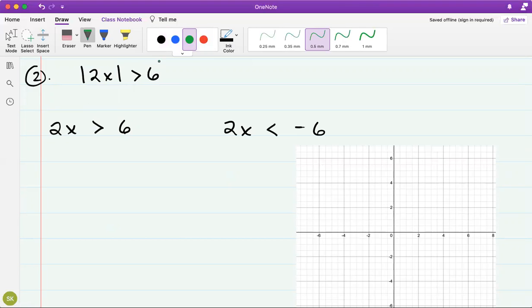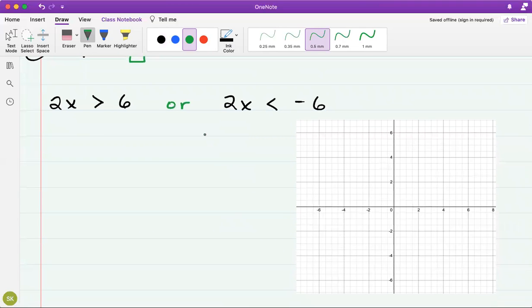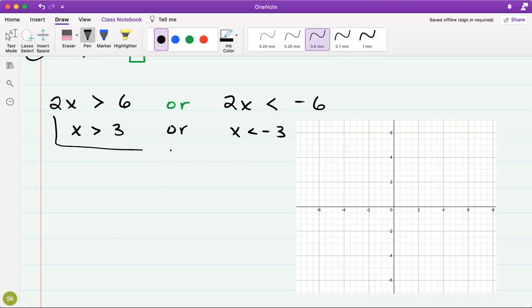And I'm going to say, oh, this is a greater sign, so I'm going to put the word or here. Okay, now let's solve for x, so divide both sides by 2. And I have x is greater than 3, or x is less than negative 3.